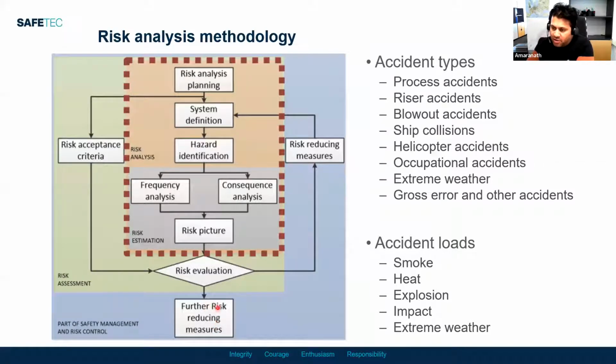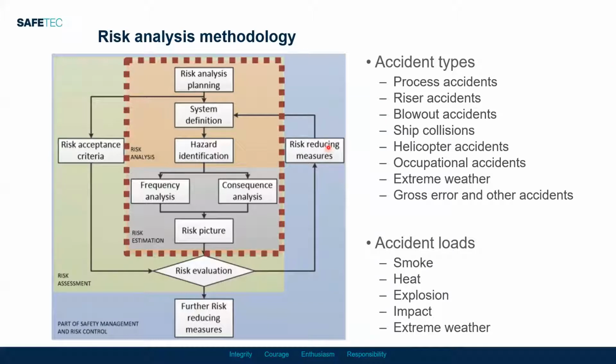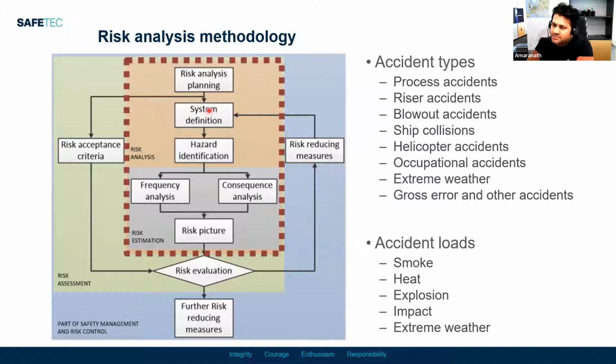So we can perform some ALARP measures if the risk is acceptable, and if the risk is not acceptable, then we will change our system, go back to the system description and perform some changes, and then do the calculation again to establish the risk picture based on the changes in the system description or the operational procedures.